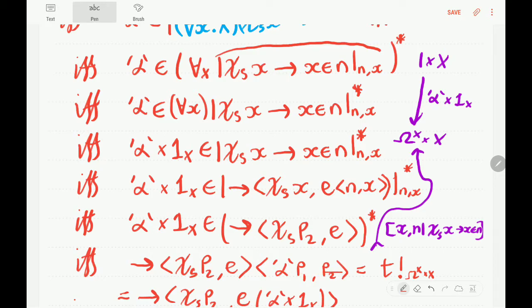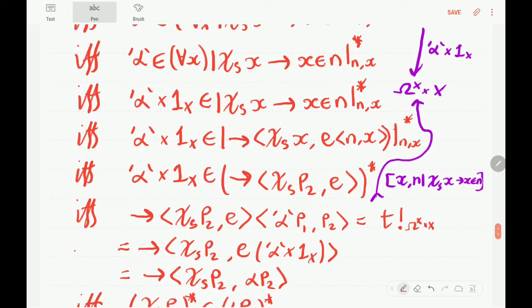And the reason I write this is because this is just the expanded out version of what name of alpha times identity of x is. It's just this if we want to use pure angle bracket notation. And then we can just calculate what this left-hand side is. And we find that it's equal to implies chi S of p2 comma alpha after p2.